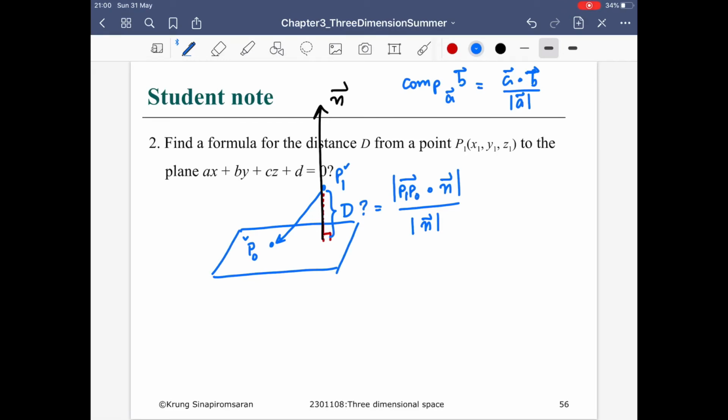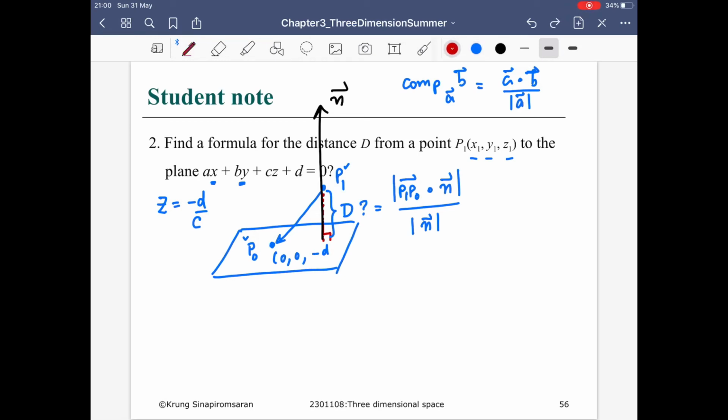Let's say that your p1 is x1, y1, z1, and your p0 is simply the point where your x and y are 0, and your z is simply negative d over c. So this point is 0, 0, negative d over c.